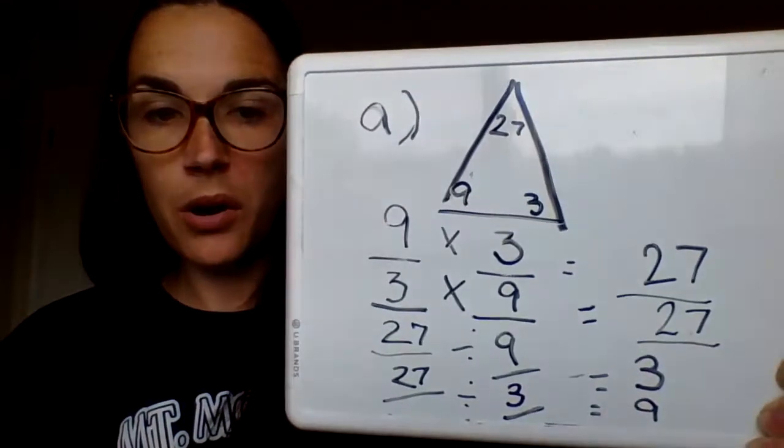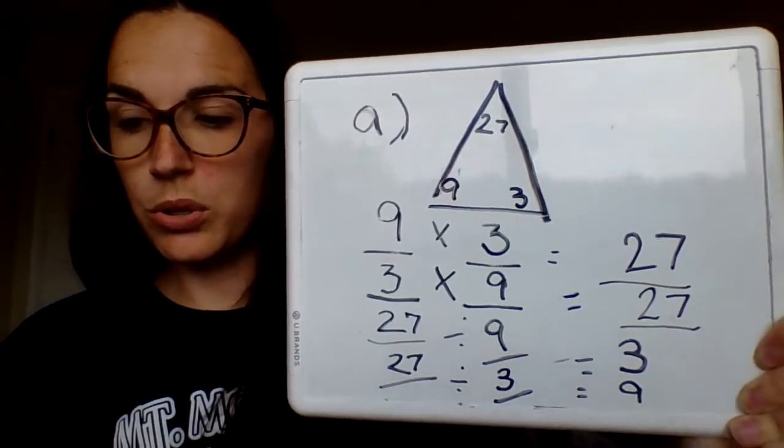So I also want to show you an example for that bottom part, which is, we're going to go with letter D. Okay, I'm erasing my board and I'm going to draw what is on D. So there's a 21 at the top, 7, divide.